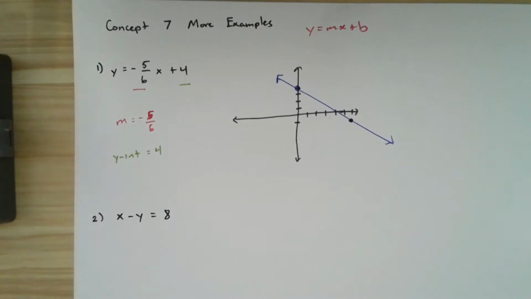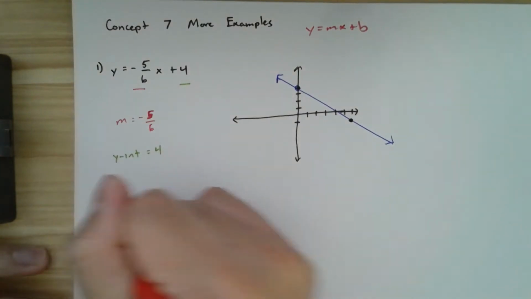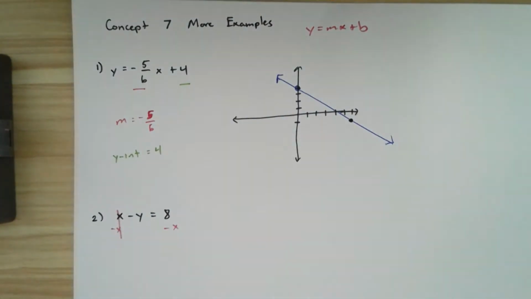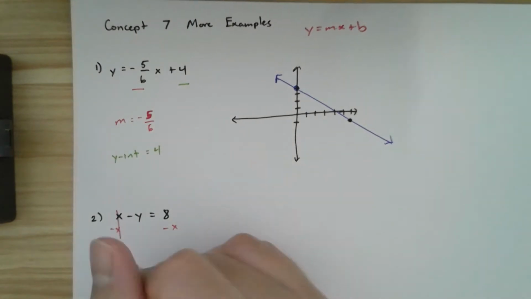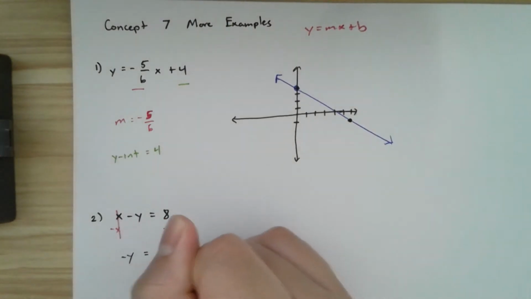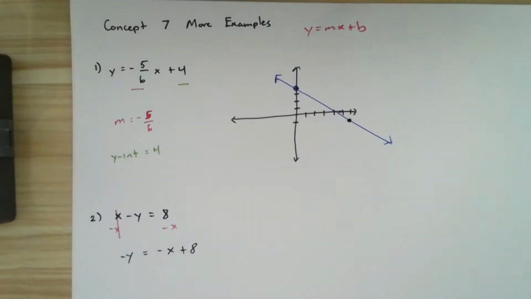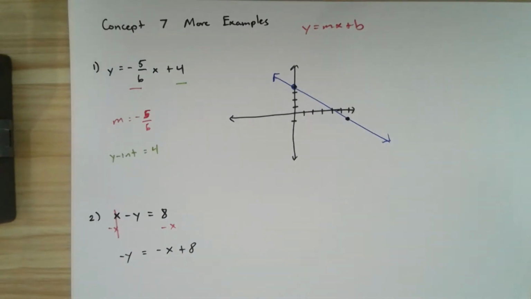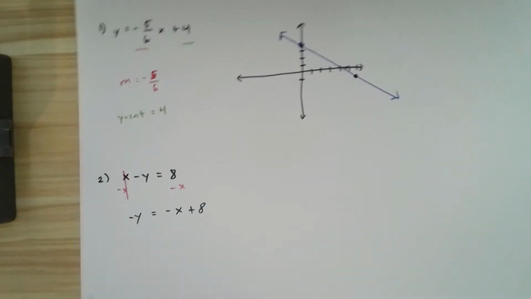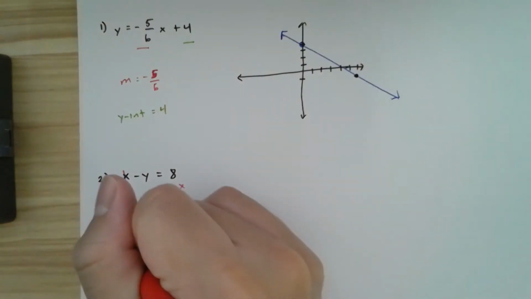So the first thing I'm going to do is subtract x from both sides. That's going to give me -y is equal to -x plus 8. Then I got to get rid of that negative in front of the y, so I got to divide everything by -1.